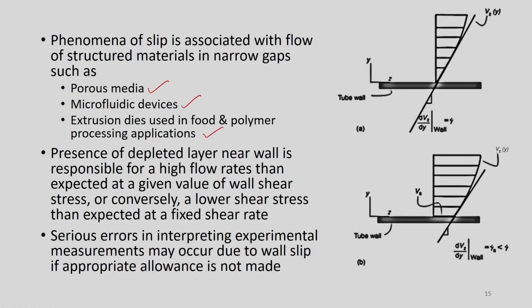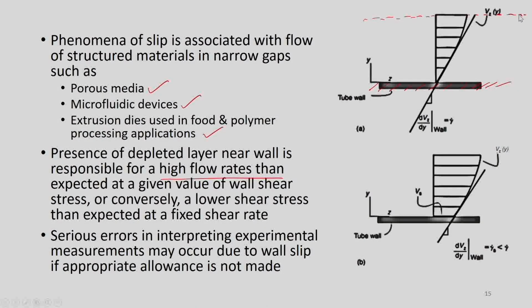Presence of a depleted layer near the wall is responsible for a higher flow rate than expected at a given value of wall shear stress. So, let us say this is the pipe wall, and this is the center of the capillary pipe.